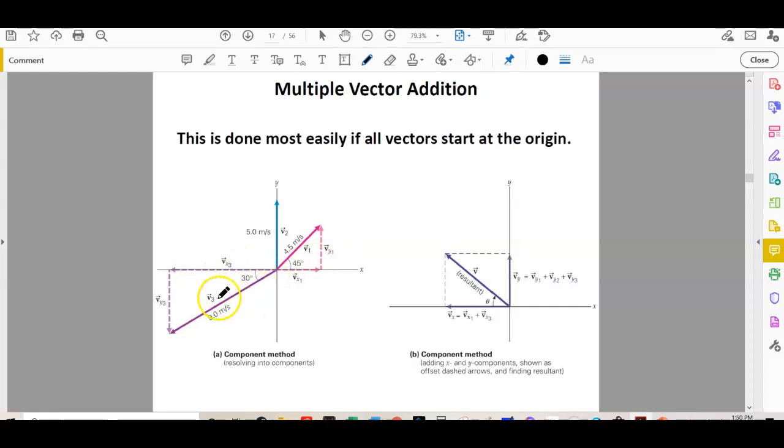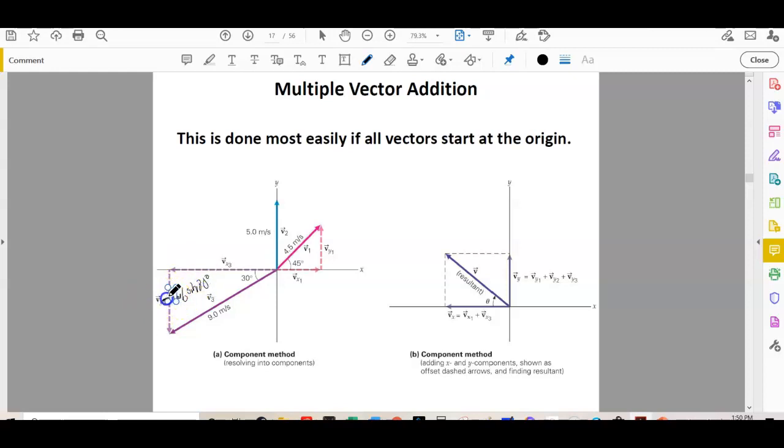Well, now you have a V3 vector that is going to be down and to the left. Okay. That is down to the left. So Vy3 is going to be, well, this is opposite the angle 30 degrees. So this is going to be 9 meters per second sine of 30 degrees.